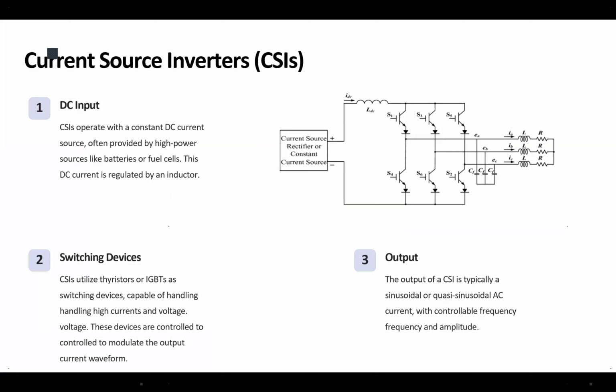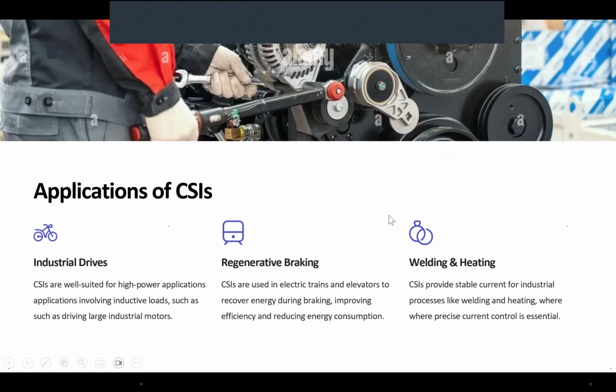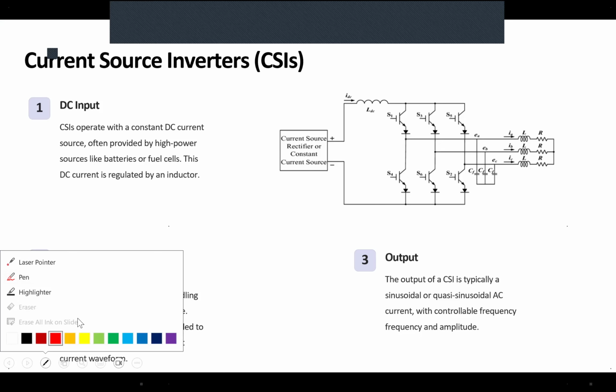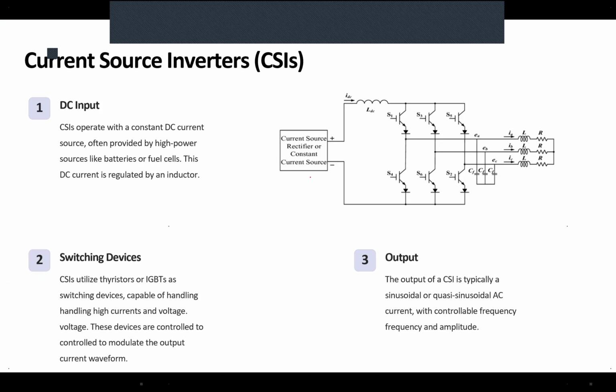And when we say we have a current source, it should immediately come to your mind, when we say input current, that we would have an inductor in the input.